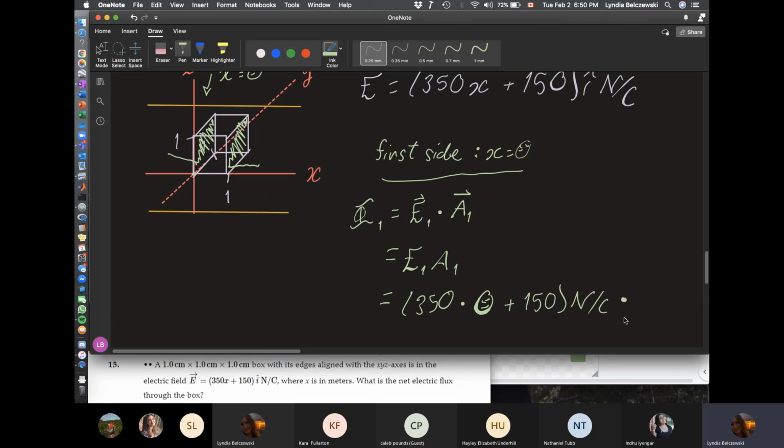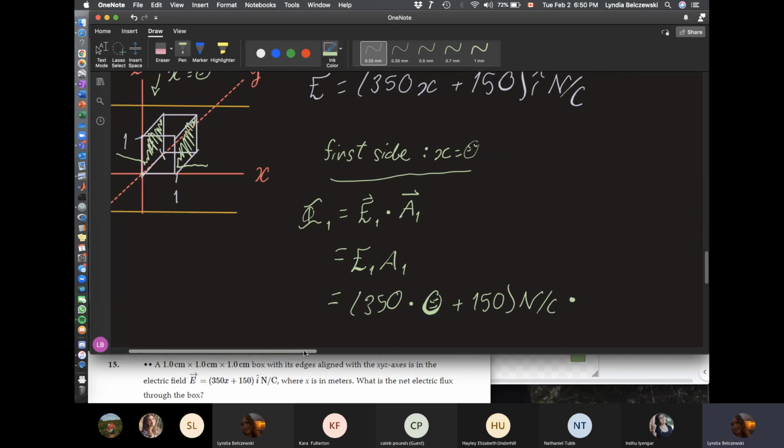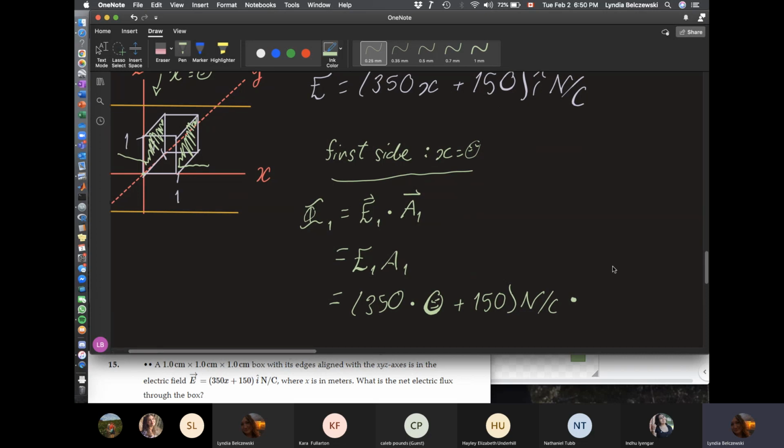And then it'll get multiplied by 1 centimeter squared. We might as well just keep it in centimeters squared here, and have our final answer in units of centimeters squared. This will get multiplied by 1 centimeter squared.